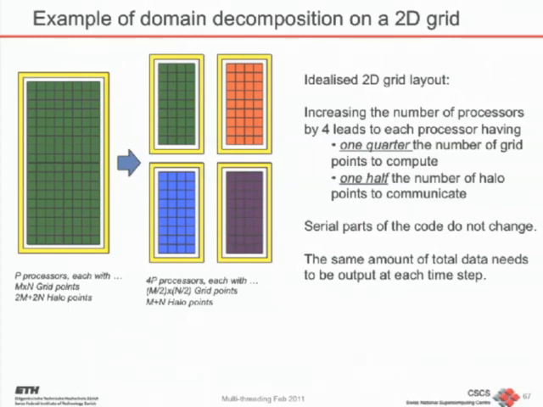If we spread that onto 4 times as many processors, each processor gets a quarter of the region, but the number of halo points has only gone down by half. So we've lost something in terms of the amount of storage and the amount of bandwidth we have to use to read those in.